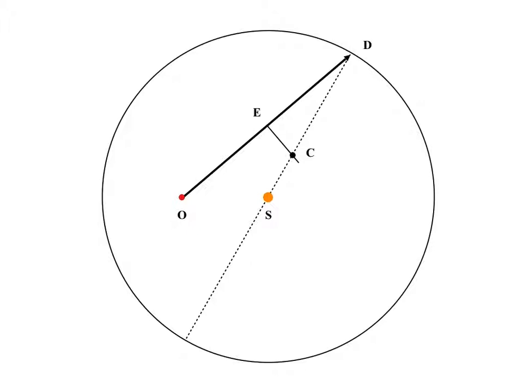Mark the intersection with the azimuthal line with a black dot and label it C. And draw in two new lines, OC and SC. Notice that OC and DC are equal because every point along a perpendicular bisector is equidistant from the endpoints of the original line.